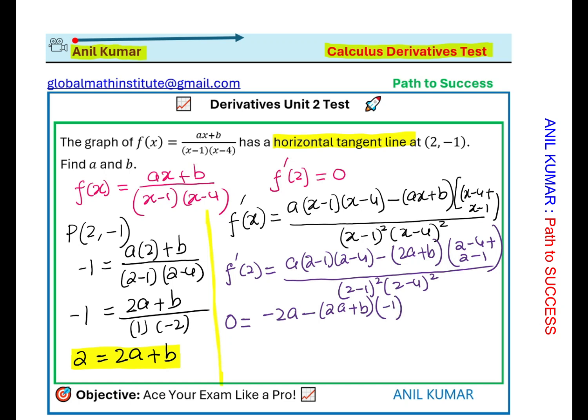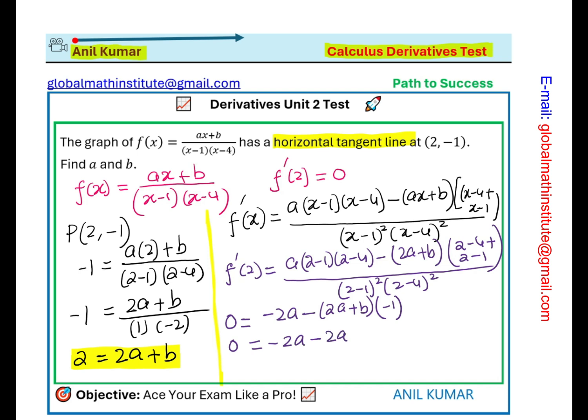Let's open this bracket to find our equation. So minus 2a minus 2a, and this minus makes it plus, and we get plus b. So minus 2a plus 2a is 0, so b equals 0.